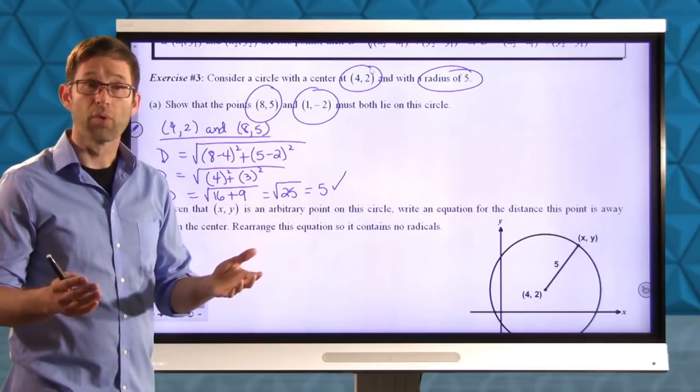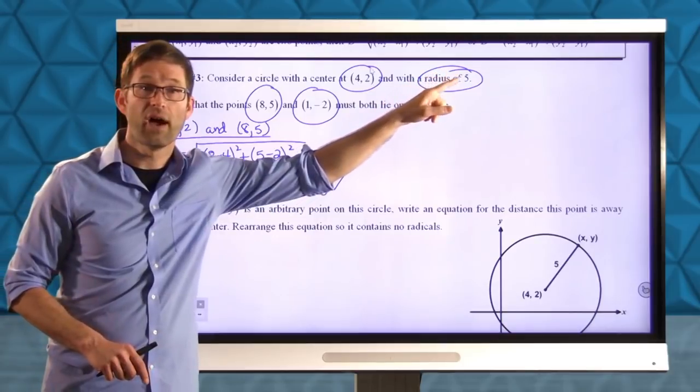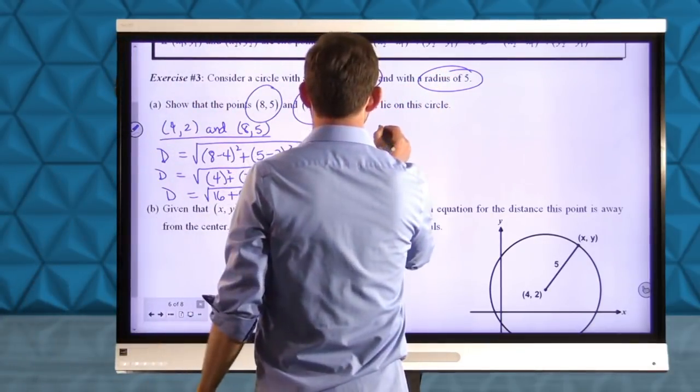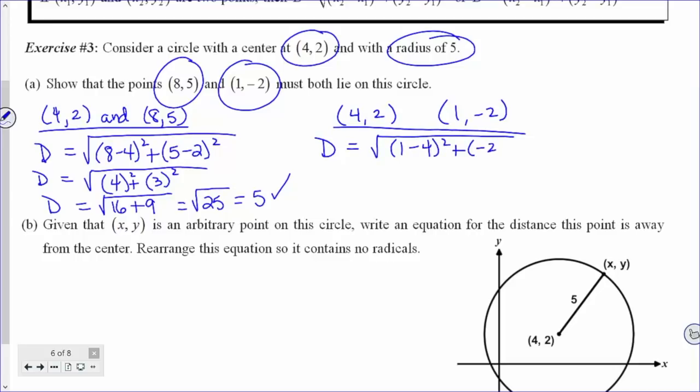All right, remember, we're checking to see if 1, -2 lies 5 units away from 4, 2. So yet again, we've got 4, 2 and 1, -2. I just want to find the distance between them. Between the center and a point, 1 minus 4 squared, -2 minus 2 squared. We've got more negatives we have to deal with in this problem.